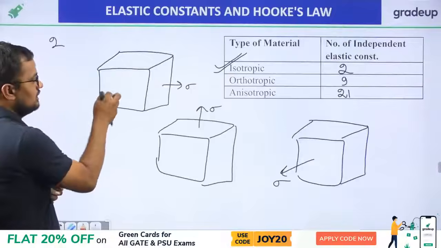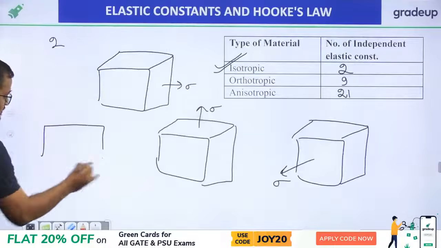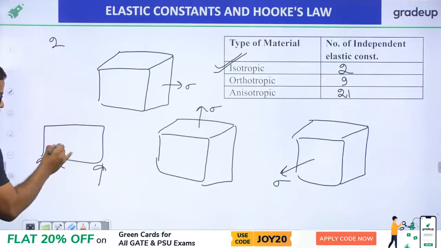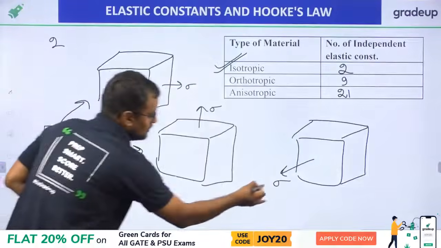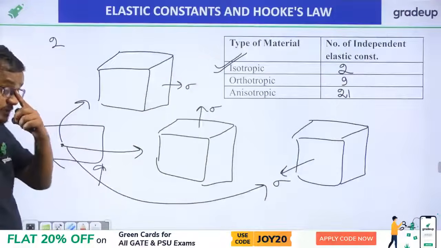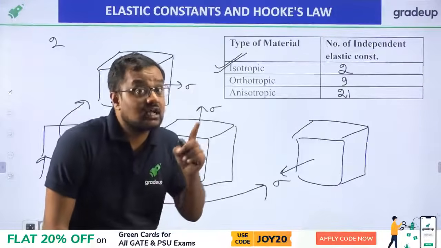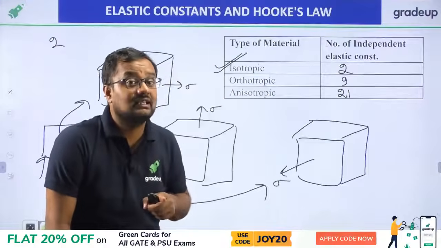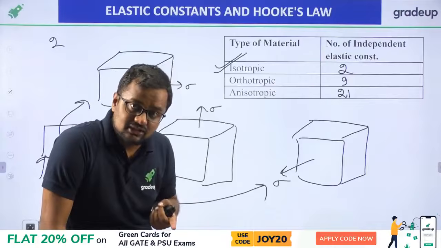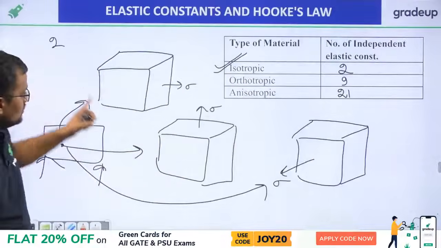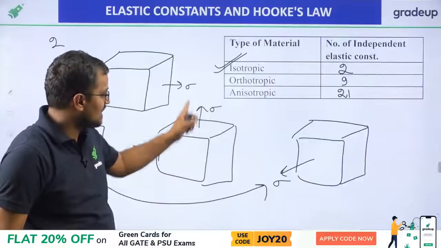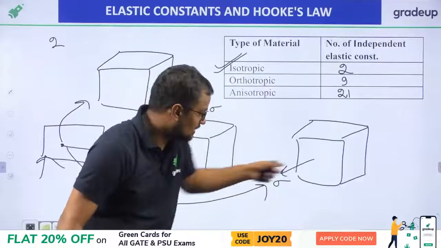In this beam, this is a point and I am enlarging it to this, to this and to this. If this material is isotropic, property in every direction is the same, therefore if in this direction strain is 2, with the same stress, same material, same dimension, here strain will also be 2.